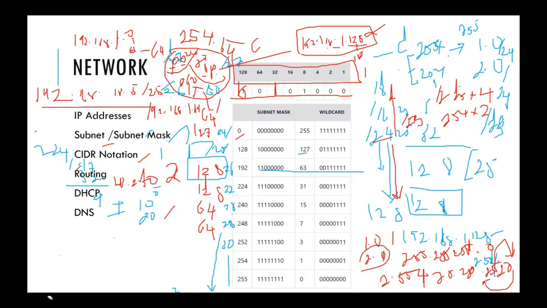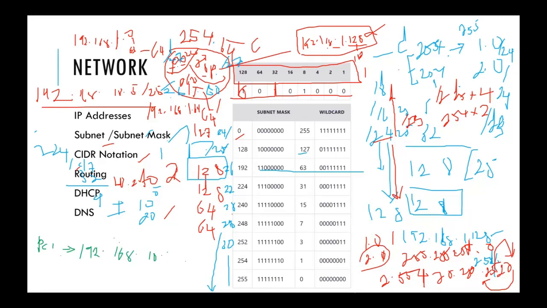So if I have done subnetting, and one PC1 picks up an IP address of 192.168.10, let's say 52.